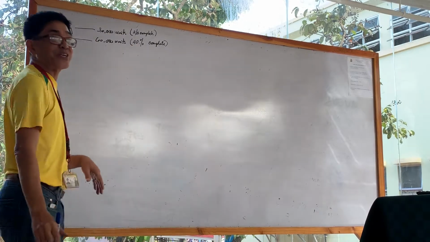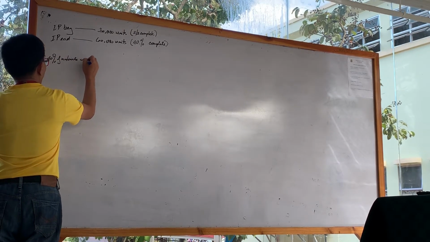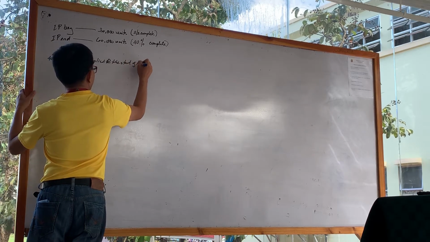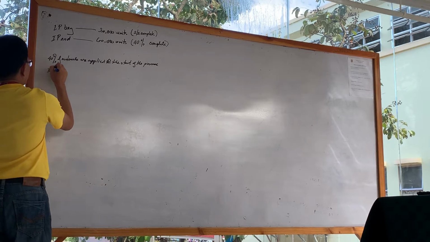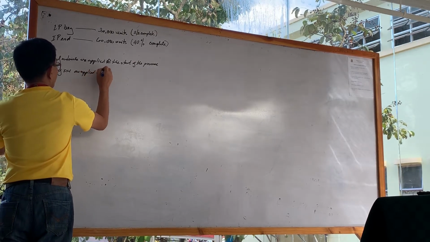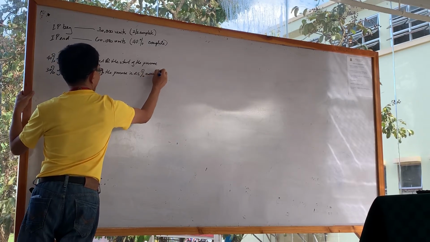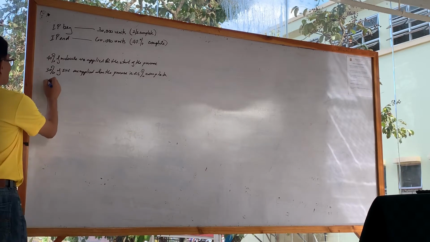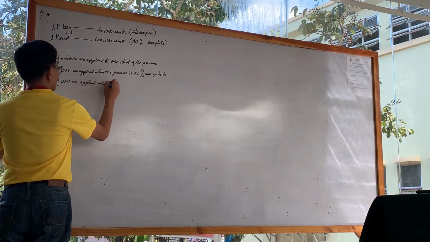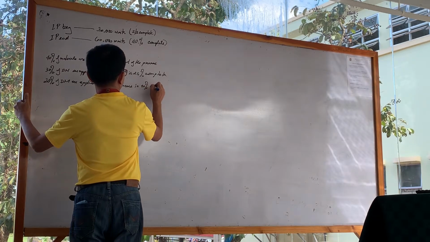Now, materials are applied to production as follows. 40% of materials are applied at the start of the process. 30% of direct materials are applied when the process is 25% complete. 20% of direct materials are applied when the process is 40% complete.